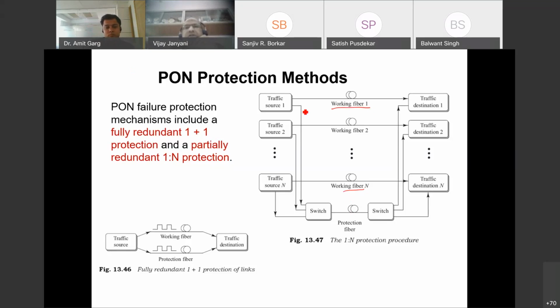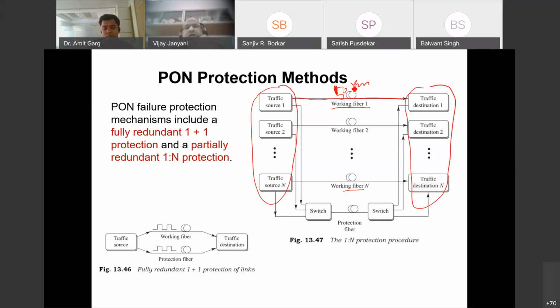Say, for example, you have traffic source 1, 2, 3, and this is the destination. If this is the working fiber, let us say it is maybe 50 kilometers.